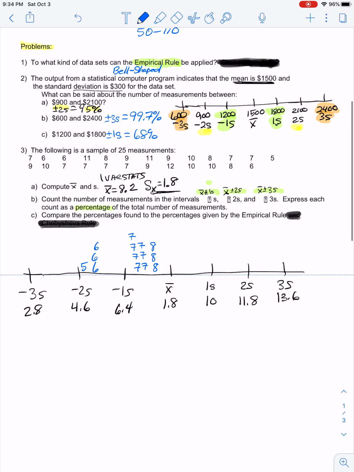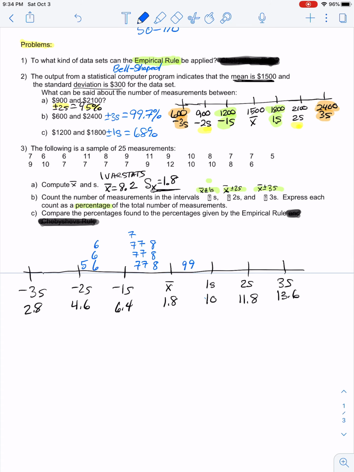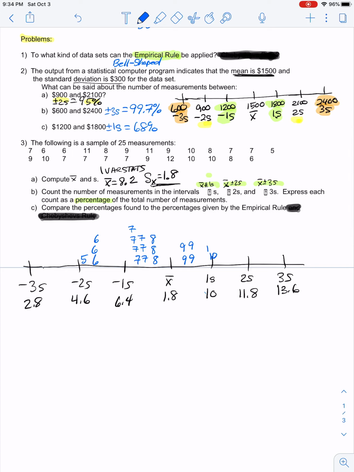Then if I plot the next compartment, I have 4 9s. I have 4 10s, so they're right here on the border. I have 2 11s, and then I have a 12. Again, I just sorted my data and then plotted them in the appropriate compartment based on the number line created by the mean and the standard deviation.